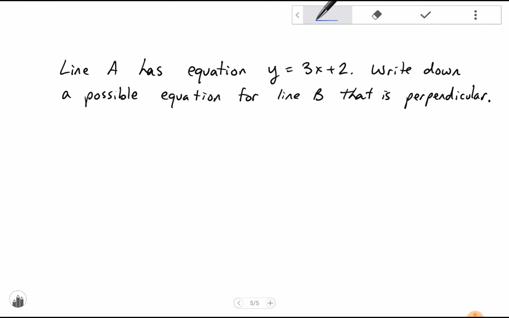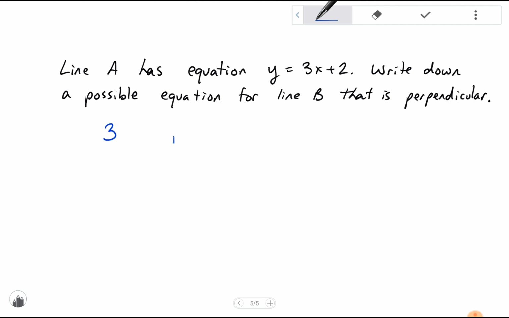So, with all this in mind, let's take line A, which has the equation y equals 3x plus 2. And we'll write down a possible equation for line B that is perpendicular. The slope of line A is 3.